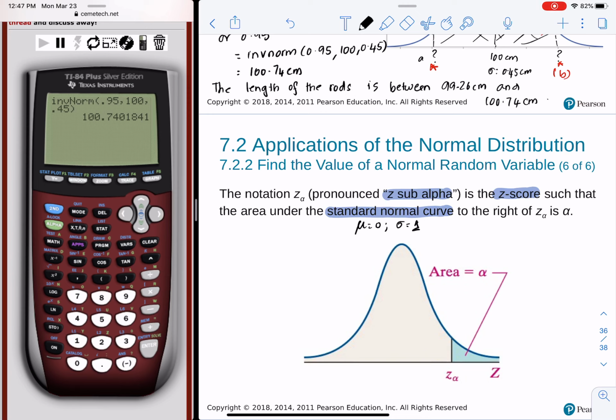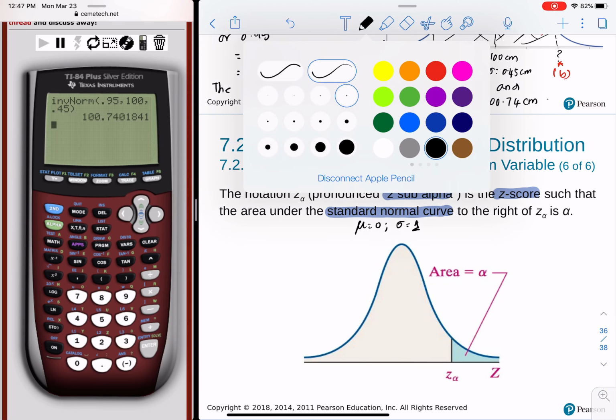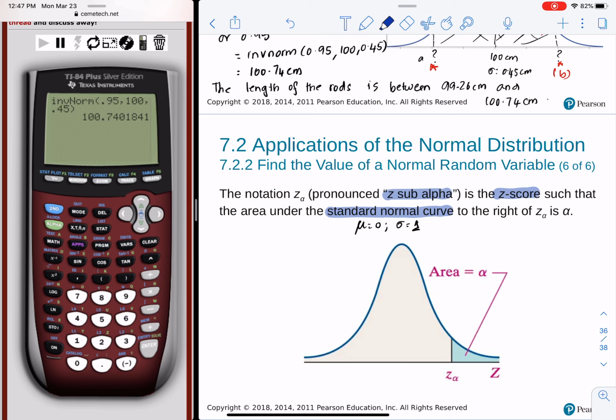So if we are looking for z sub alpha, the area to the right of z sub alpha is alpha. That is, if alpha is 0.05, then that area would be 0.05.